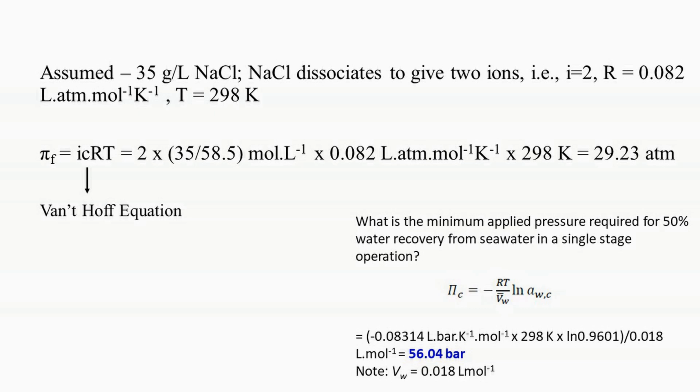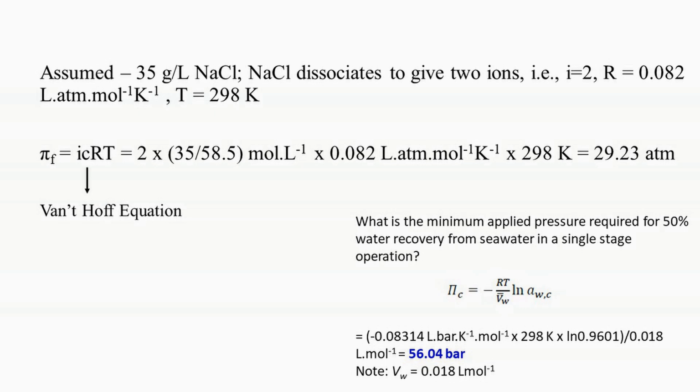Okay. And so let us quickly do an equation calculation. Suppose I've got, let's say, 35 grams per liter sodium chloride. We are simplifying seawater to just pure sodium chloride. Otherwise, this is the concentration roughly.